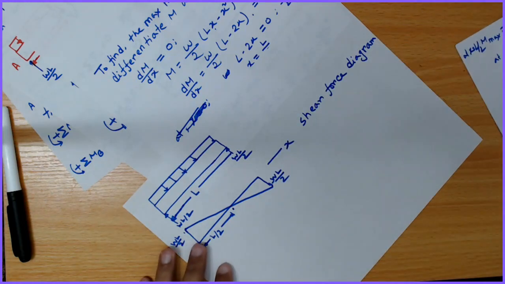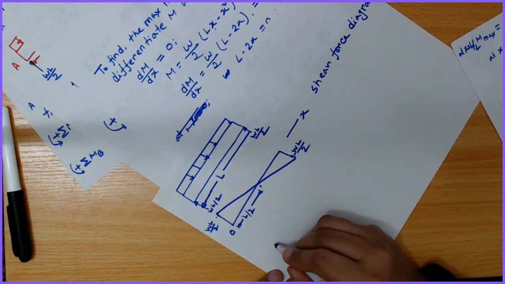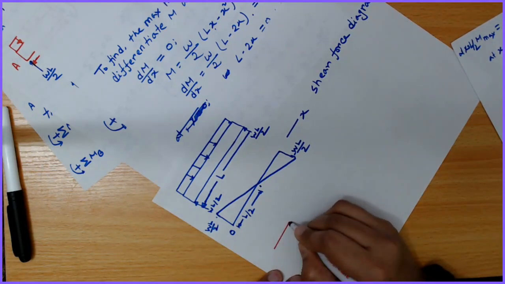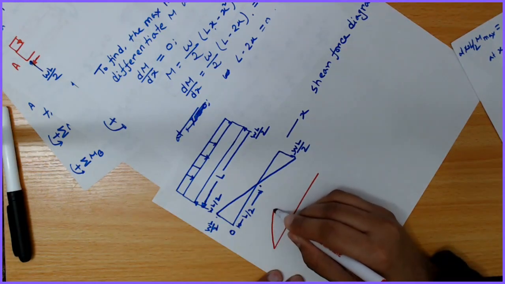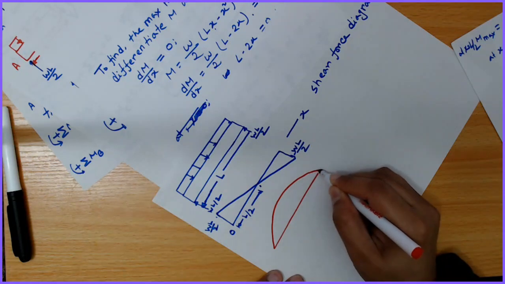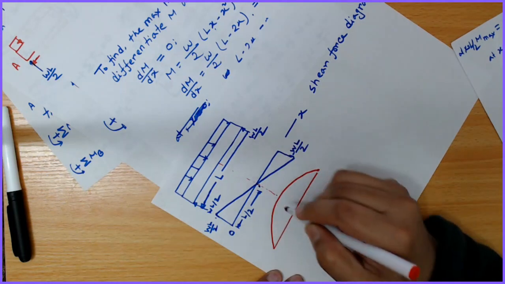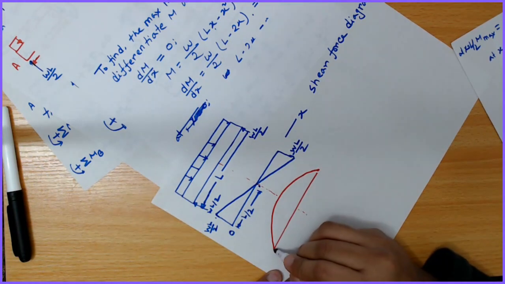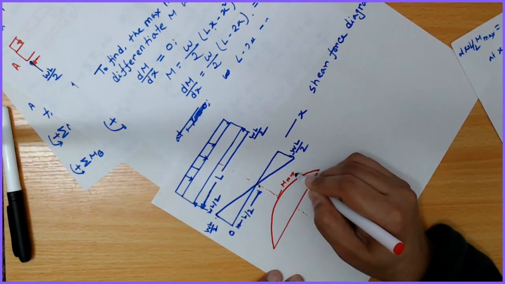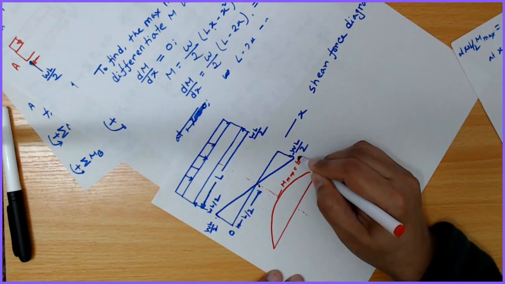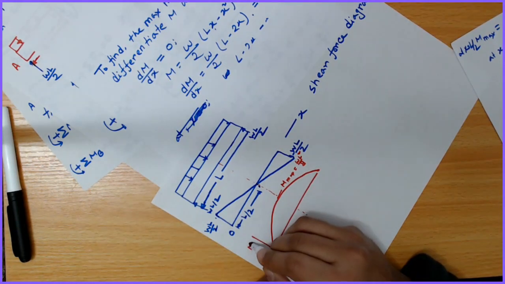And if we draw the bending moment diagram, okay, so bending moment is going to be 0, okay, so this is M max, which is wL square by 8, and this is my moment.